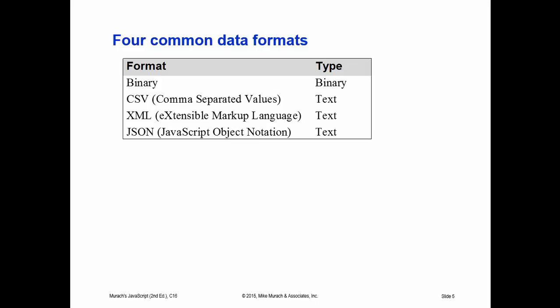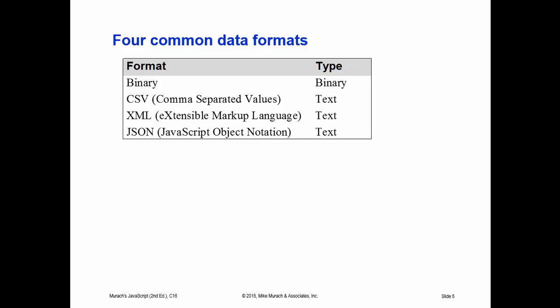One thing to notice is that the last 2, XML and JSON, XML being an acronym for extensible markup language, JSON for JavaScript object notation, as we already talked about. Both of those are text files. All right? What that means is you can open them up in Notepad or any simple editor.